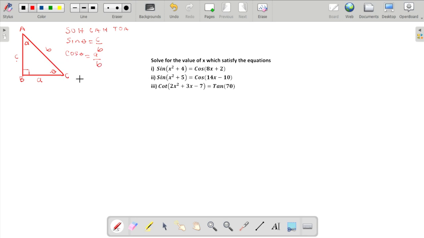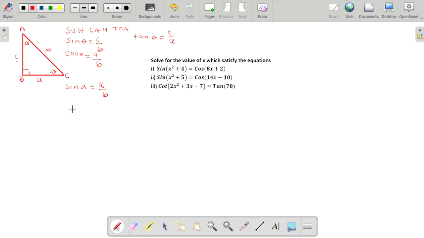Now if you are looking for tan theta, the opposite of theta is c, and the adjacent is the line BC, which is a, so tan theta is c over a. Now let's look at the angle alpha. Sine alpha, the opposite is BC, which is a over b.